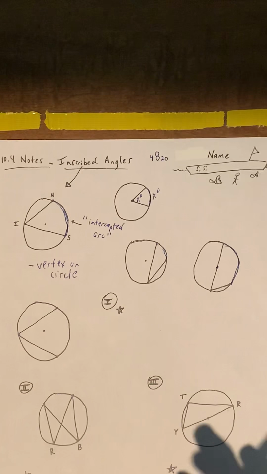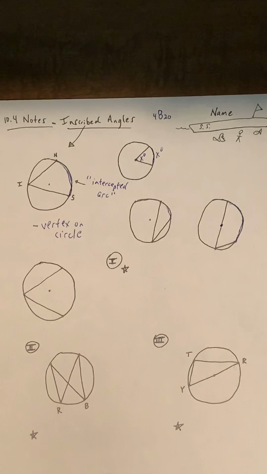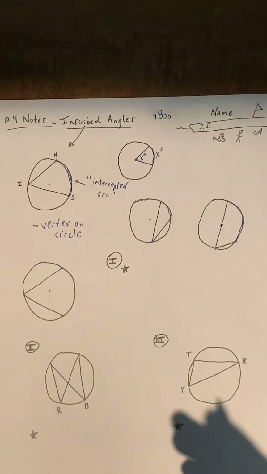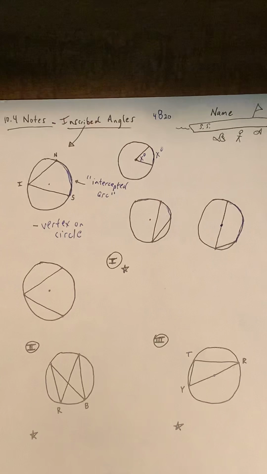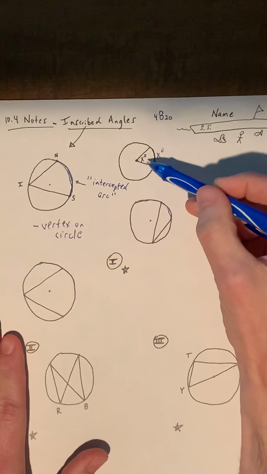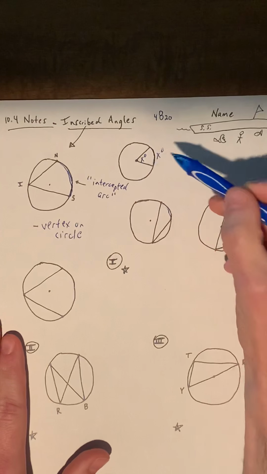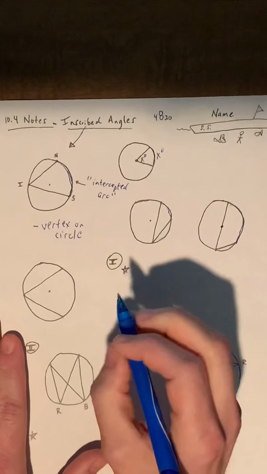All right, first property concerning inscribed angles. First, the inscribed angle is half of the intercepted arc. This is different than central angles. Central angles are the same measure as the intercepted arc, but inscribed angles are half.